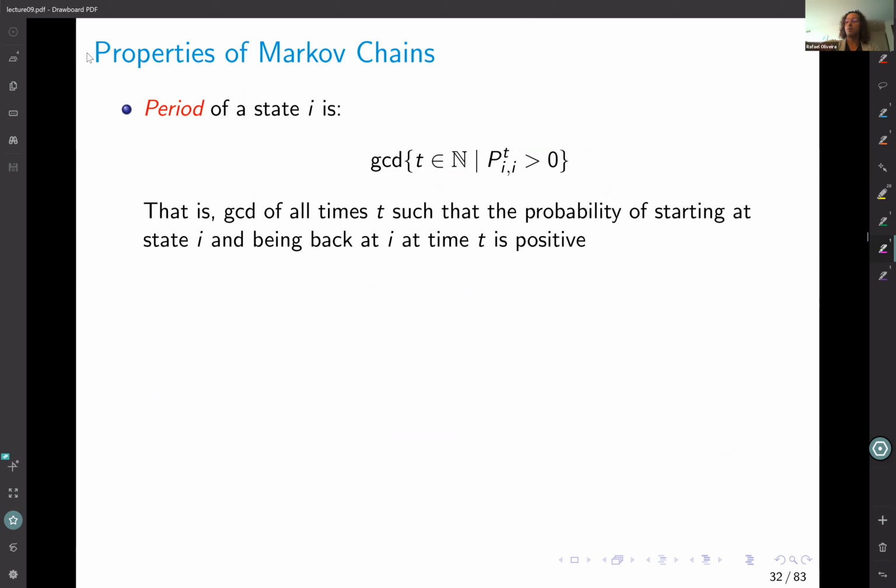So now we saw already one property of a Markov chain, which is being irreducible or reducible. And another one is the period of a state i.